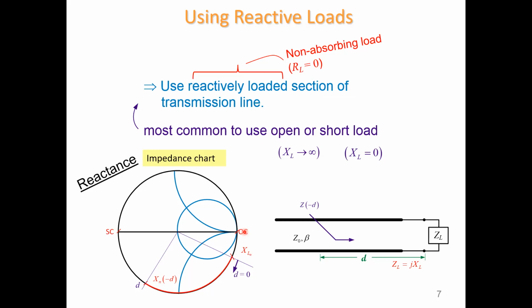Remember these two things, PSC and POC. POC means point of open circuit, PSC means point of short circuit. And see, this point open circuit, this point short circuit. These are the values if you put.